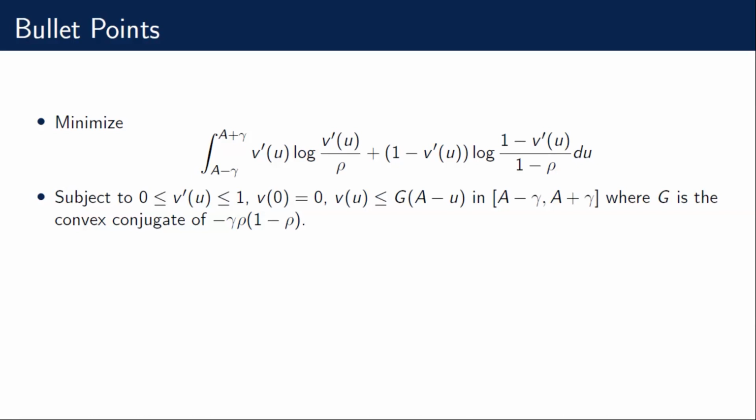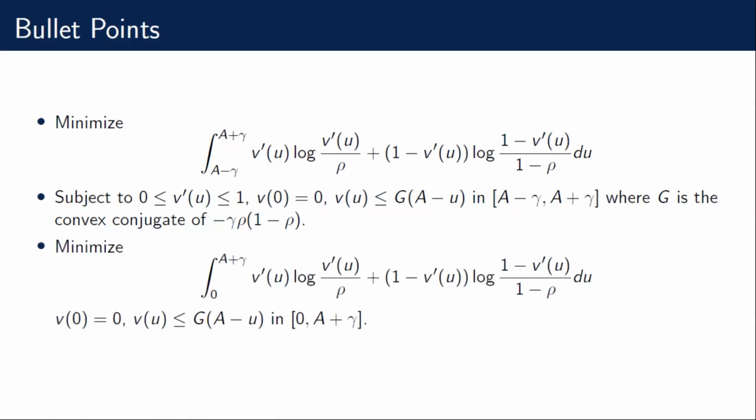Any admissible flow should satisfy this, but this may have other things too. So you're including some extra cases maybe, but that will only make the bound smaller. One minimization is when A is bigger than gamma, the other when A is lower than gamma.